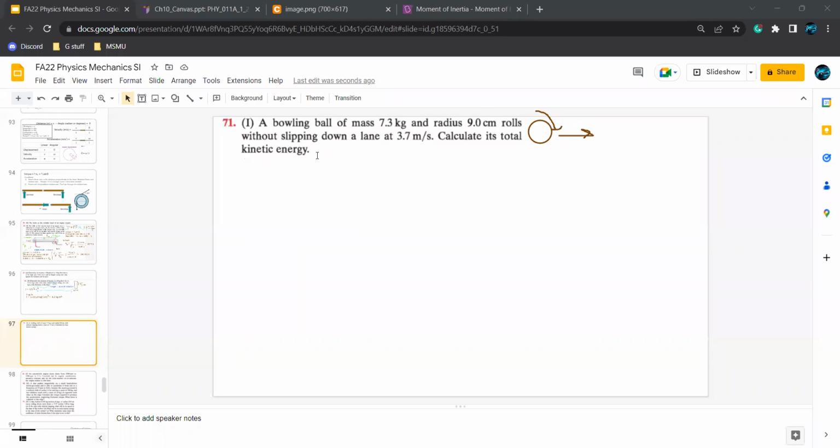So you have translational kinetic energy and rotational kinetic energy. And both of them are kinetic energy because it's energy of motion.